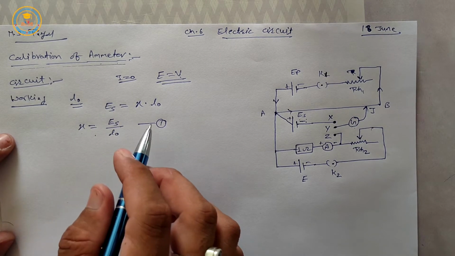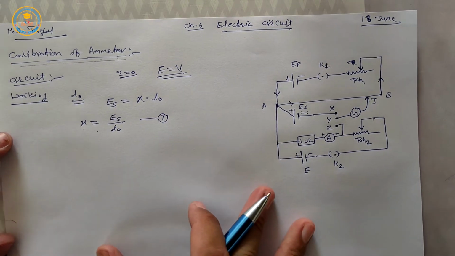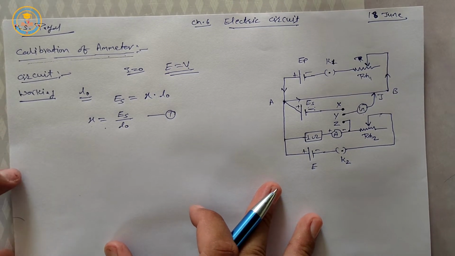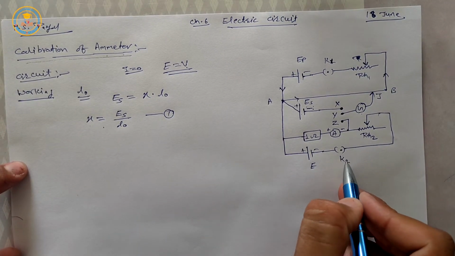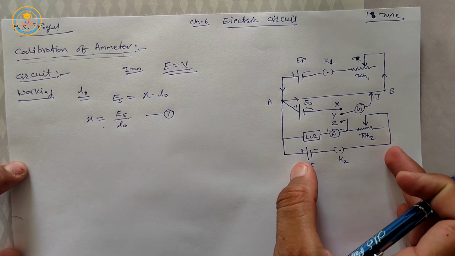From this equation, we find the exact value of potential gradient. Okay, this is the standardization of a potentiometer. Now we close the key K2 in the secondary circuit.